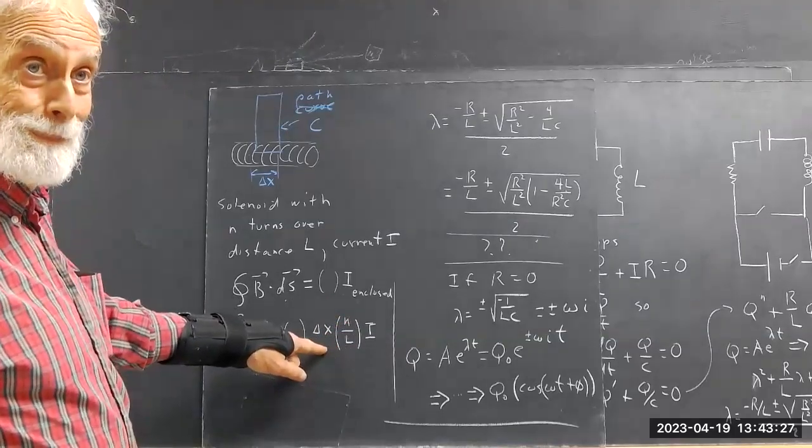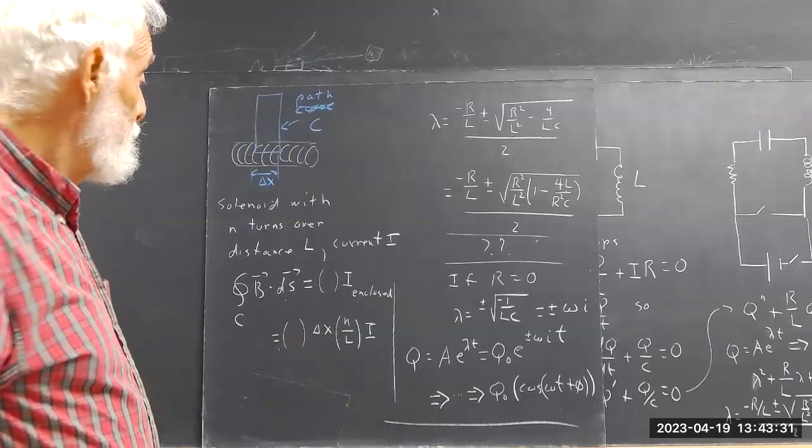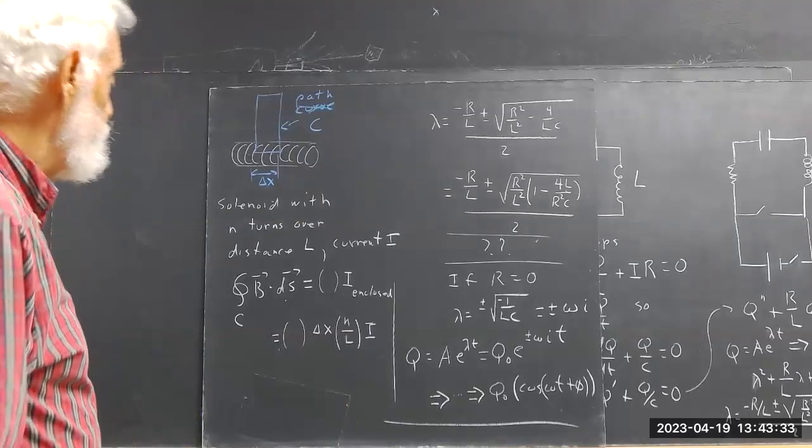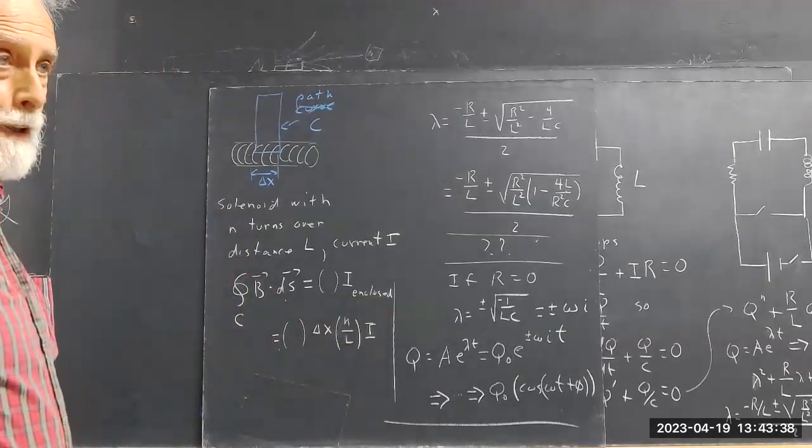This is the length. Length times turns per unit of length, right? And then we have our constant out here that involves K prime.